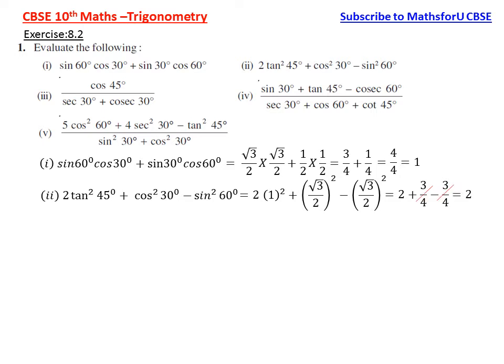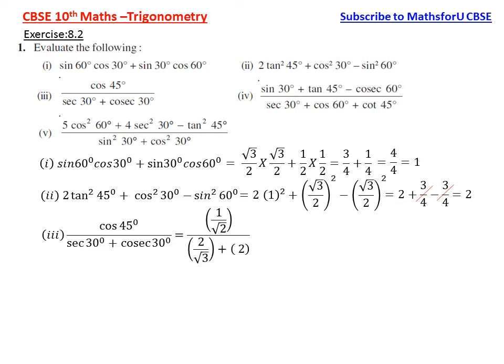Now problem number 3. Cos 45 degree by secant 30 degree plus cosecant 30 degree. Now we are going to substitute the values for these angles, cos 45 degree, secant 30 and cosecant 30. So cos 45 degree is 1 by root 2, secant 30 is 2 by root 3, that is the reverse of cos 30.